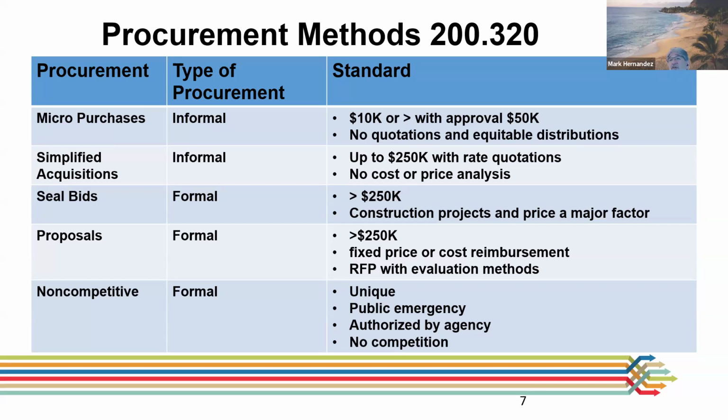Most of the proposals will be RFPs, requests for proposal. You could have different kinds of proposals also. You could have what we call an RFQ. I've used it before at a state agency, where we're looking at requests for qualified quotes.